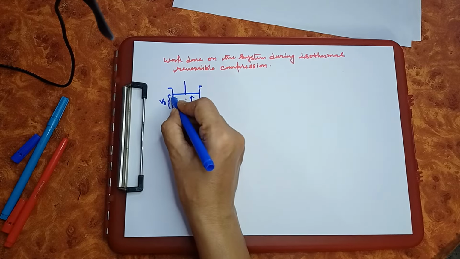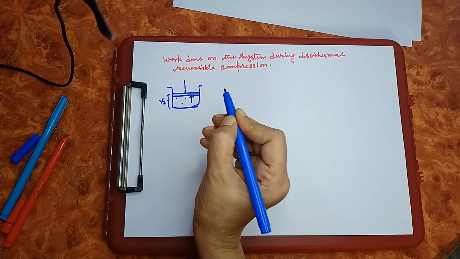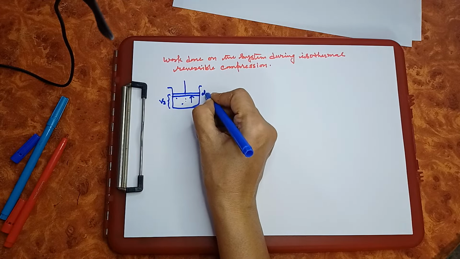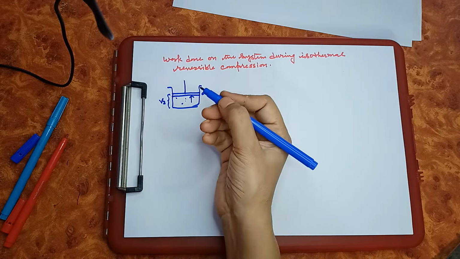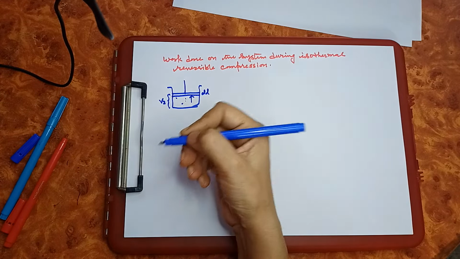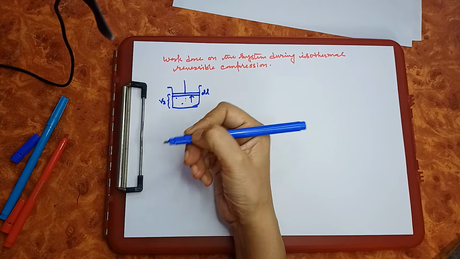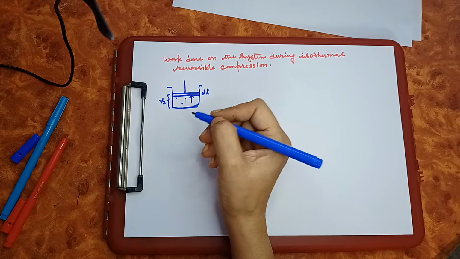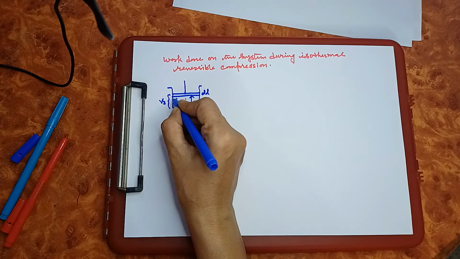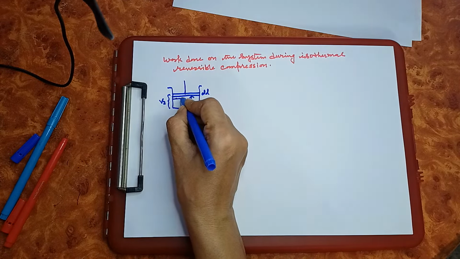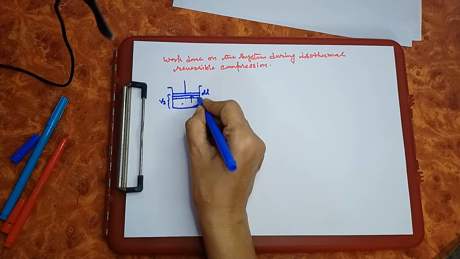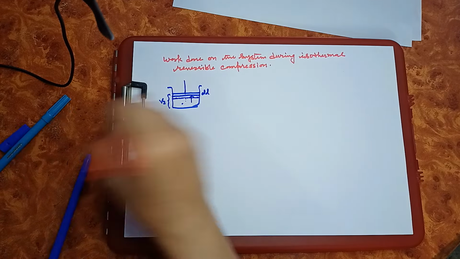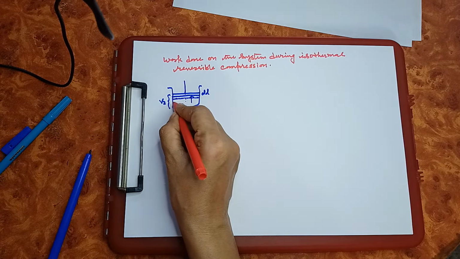That means the compression takes place by a small volume. Say the piston is moved by a small distance, say this is dl. Again if the external pressure is increased by an infinitesimally small amount, say dP, again the piston will move a little distance in the downwards direction. And if this process is repeated a large number of times, then there will be a final contraction of this volume.